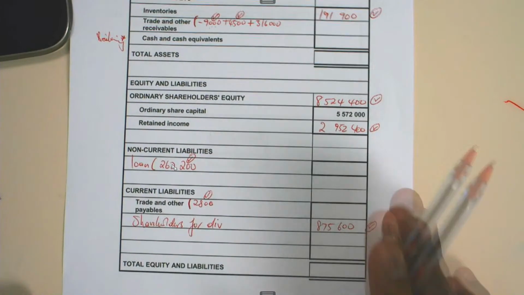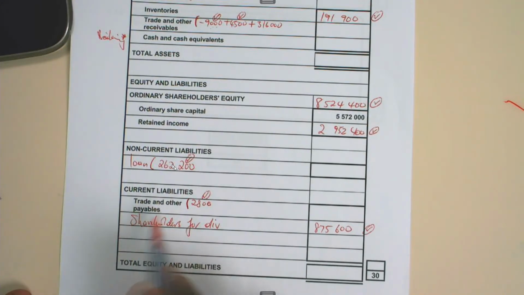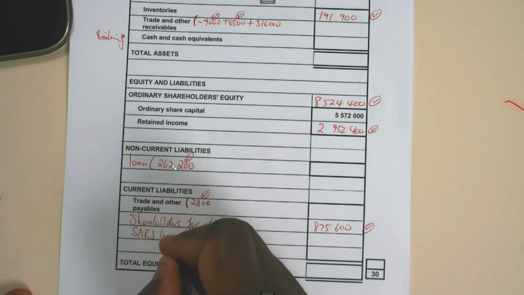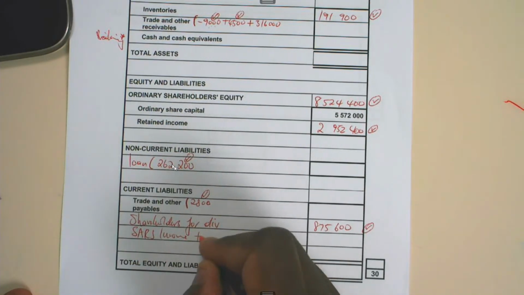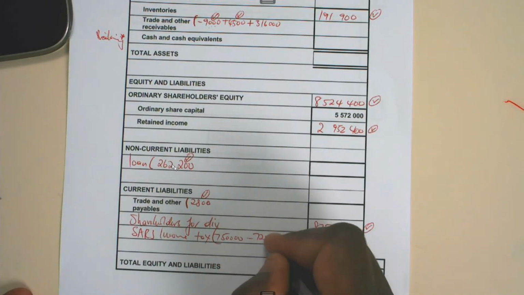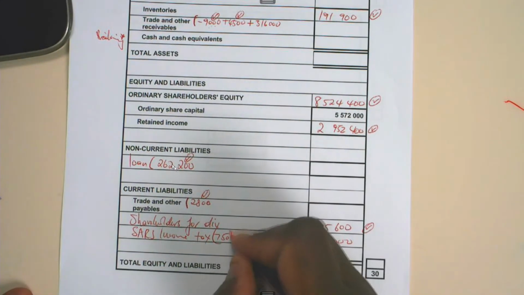That is why we will record that under current liabilities as SARS income tax. Remember to show your workings inside the bracket. It gives you 25,000 here.